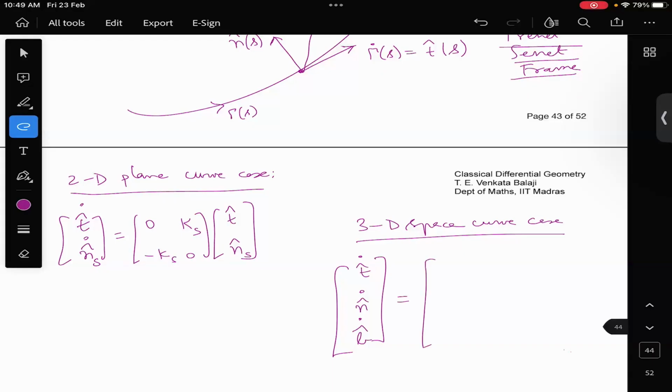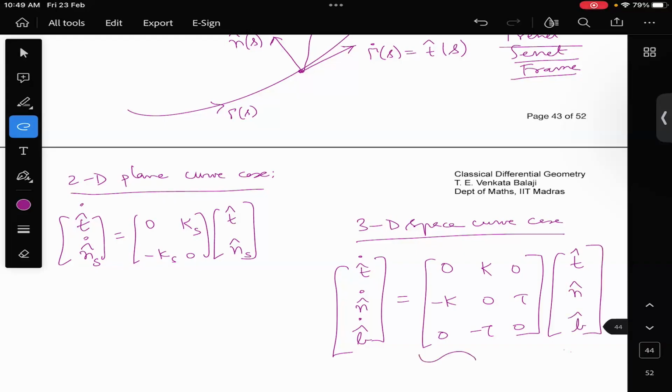Again, guess, you will get a skew-symmetric 3 by 3 matrix, okay. So you will get 0, k, minus k, 0, and then you will get a tau, minus tau, and 0, 0, 0, where this tau will now be the torsion, okay. So this is going to be the Frenet-Serret differential equation for the space curve case, okay.